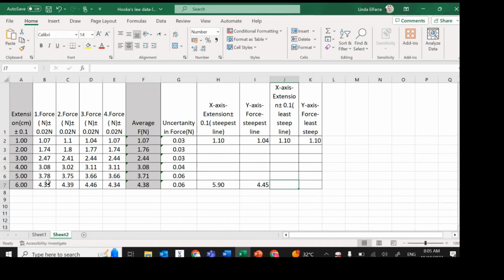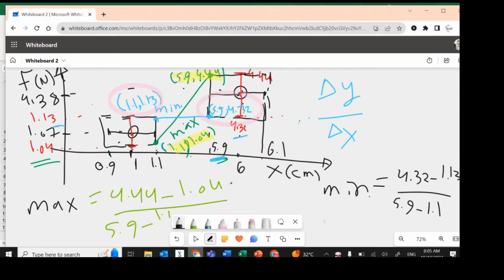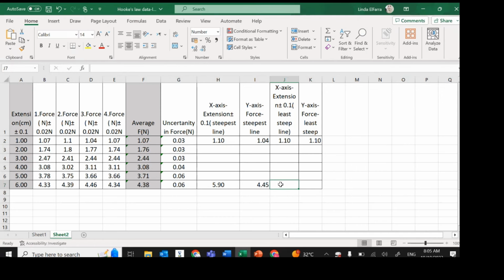Now we'll go to the last value, which is 6. Now 6 here at the bottom right corner, the value of X is 5.9. So that means I took the value of the extension, which is X minus the uncertainty. So it will be equal this extension minus the uncertainty. Hit enter.